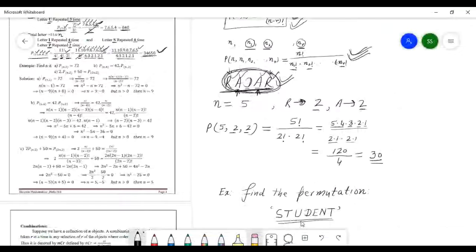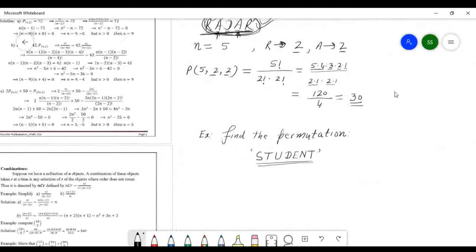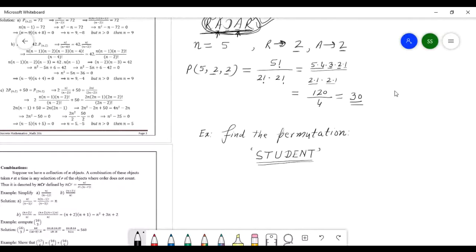Who written 7? This is the answer 2520. Only T repeated here, T repeated 2 times. What is permutation here? Total 7, and only this T repeated.